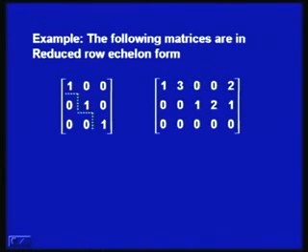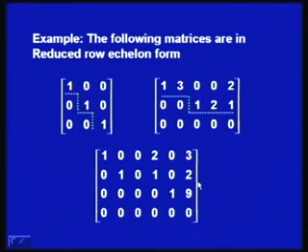This matrix is again in row reduced form, with all 0 rows here and leading ones, and all the properties are satisfied. In this matrix, all zeros are at the bottom, and this again is a staircase pattern. So this is again in reduced row echelon form.